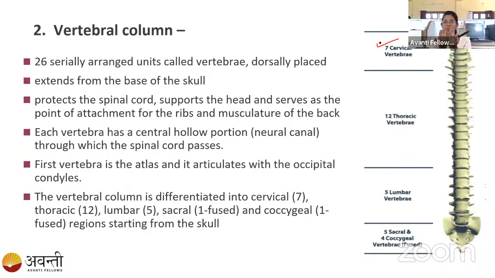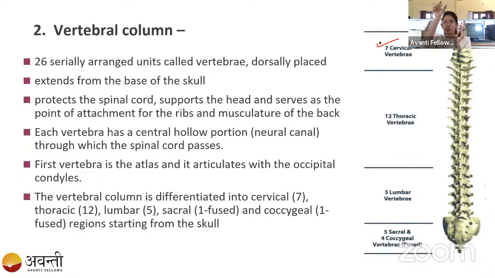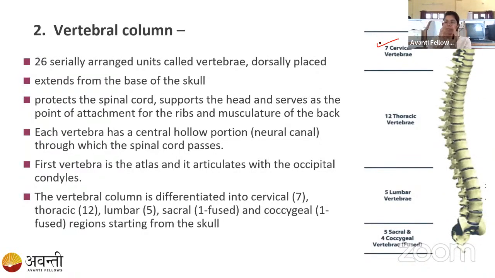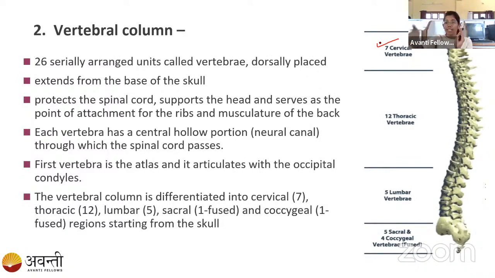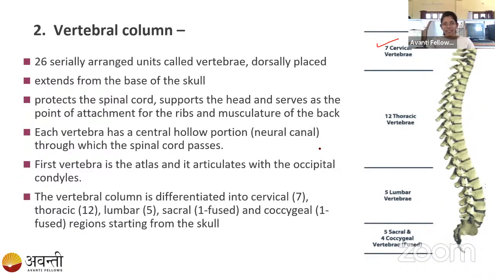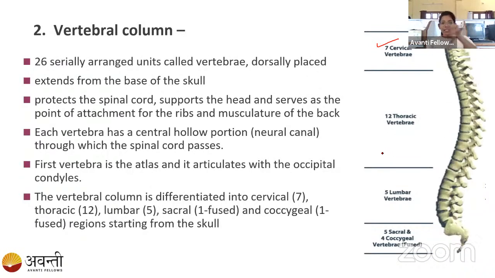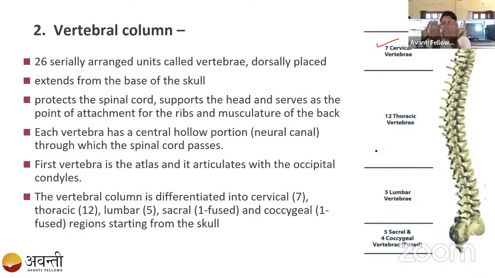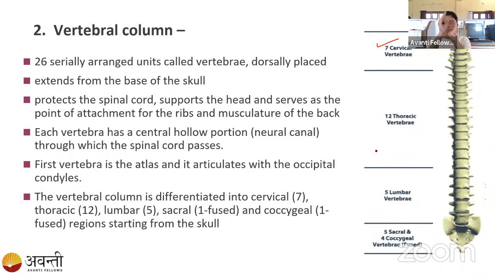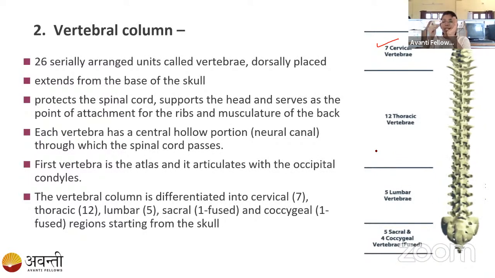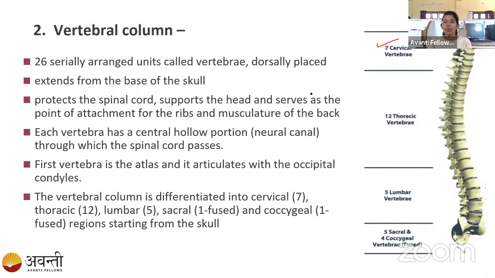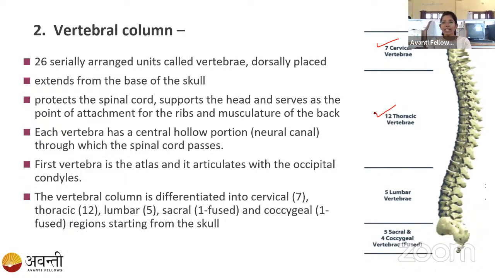So just from the lungs, you go backside where the vertebral column is present. At the backside, in the same way, you go back in the vertebral column. There are 12 bones. Those bones are called the thoracic vertebrae.